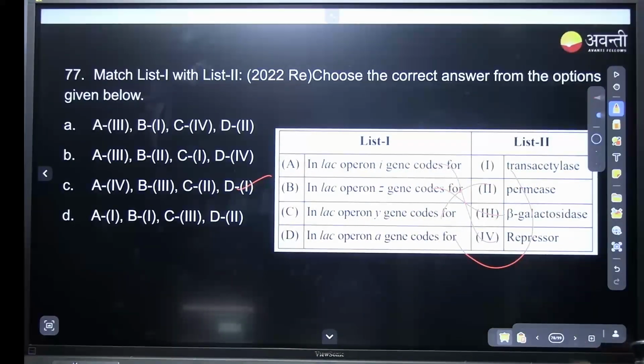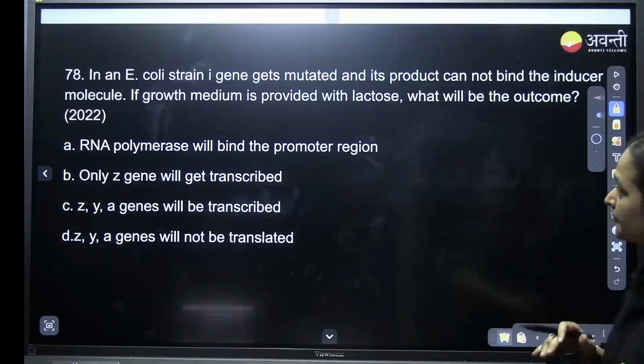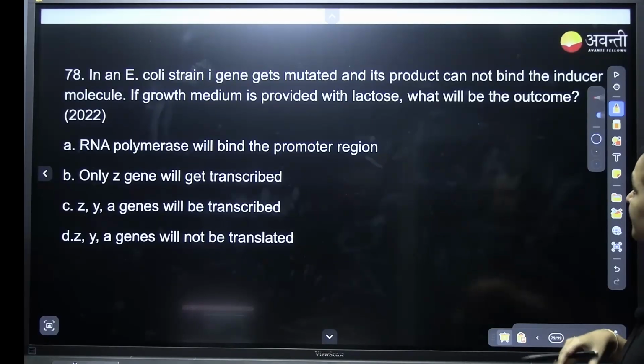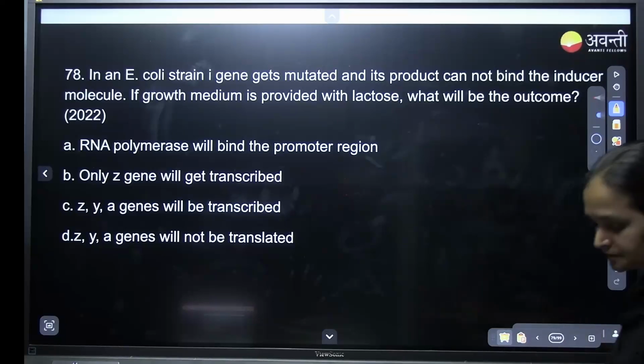Understanding? In an E. coli strain, the I gene gets mutated and its product cannot bind the inducer molecule.